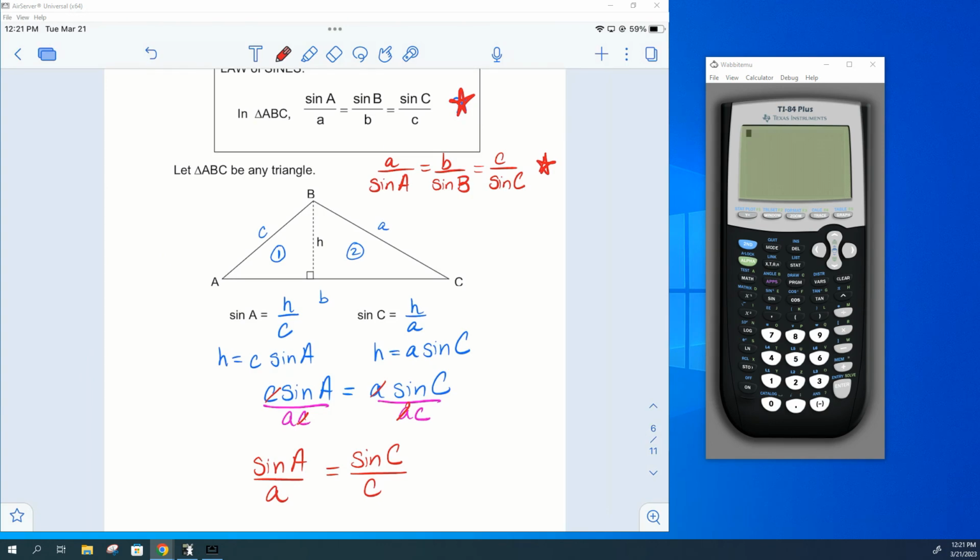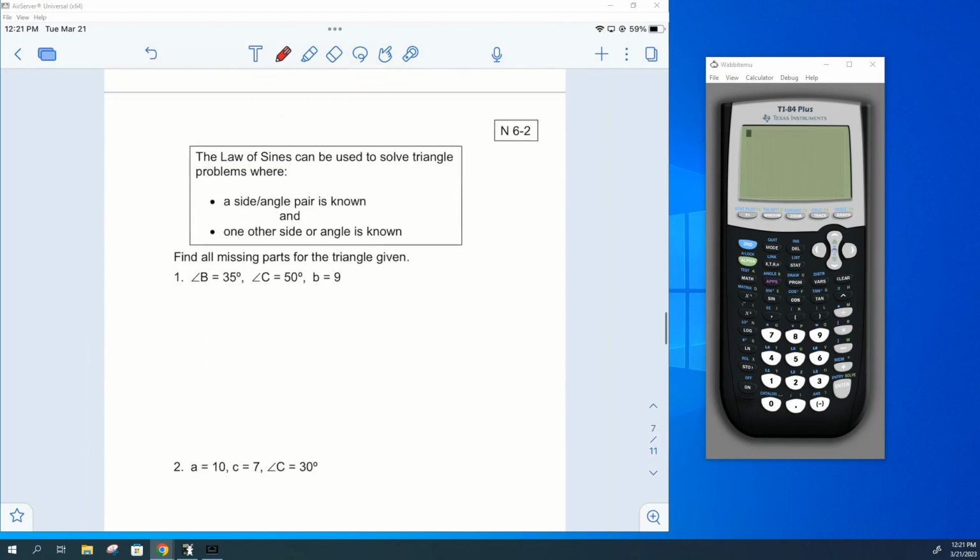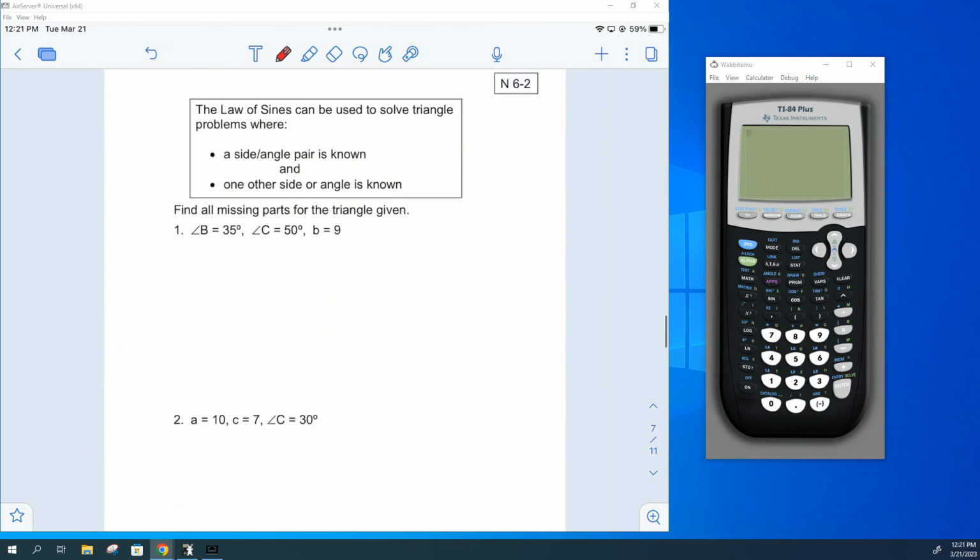Now, when you actually use the law of sines, you're not going to use all three of those fractions. You're going to use 2 of the 3. So let's look at an example and check it out. First of all, it's nice to know when you can use the law of sines. I'm actually going to draw number 1 and explain this box.